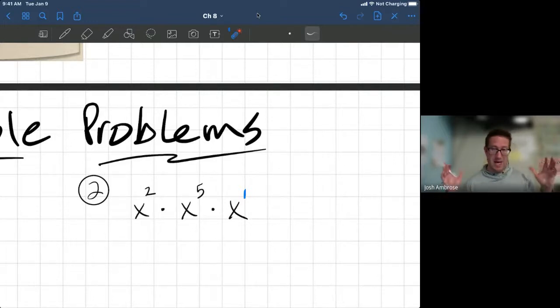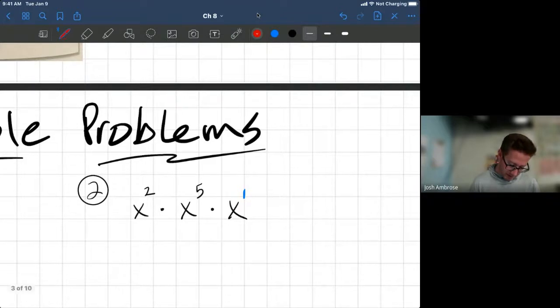Now, add the exponents up because you have the same base. So let's do that. Same base, x, but then the exponent 2 plus 5 plus 1. So there's our base, and that will be to the power of 8.